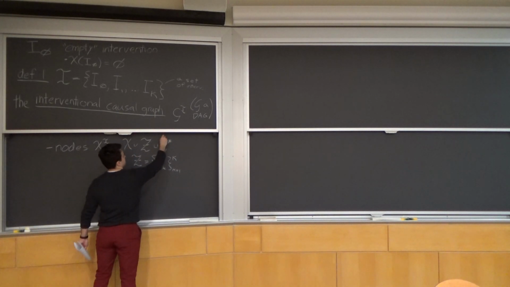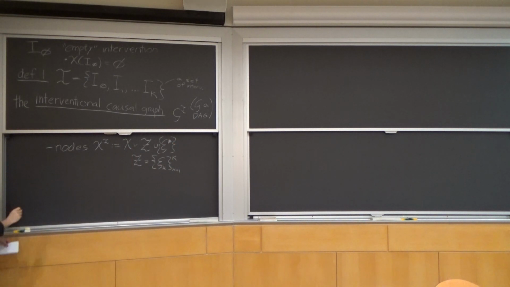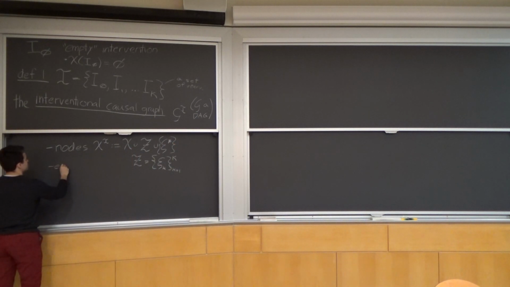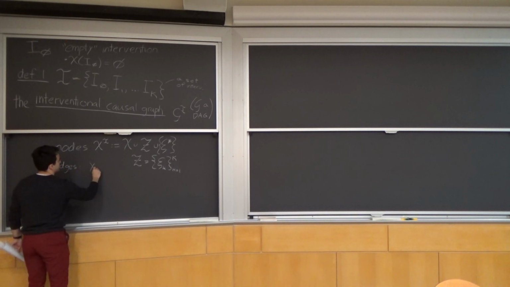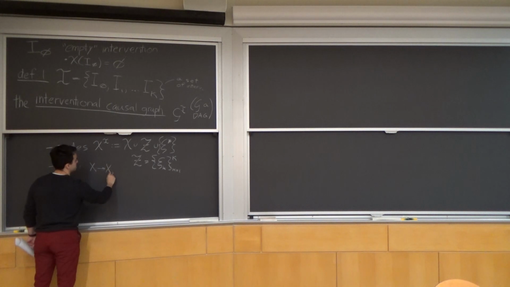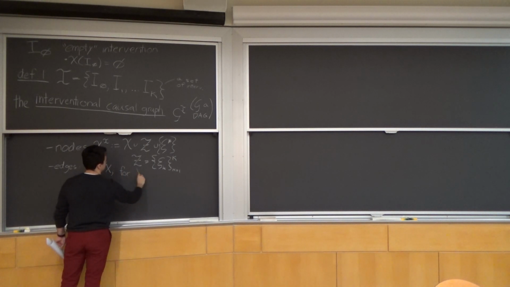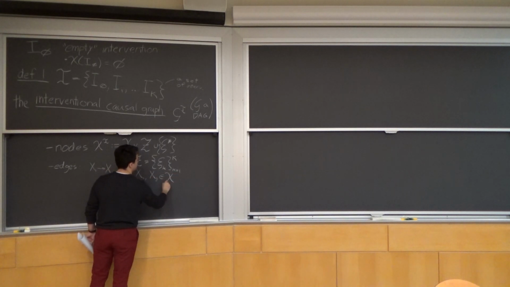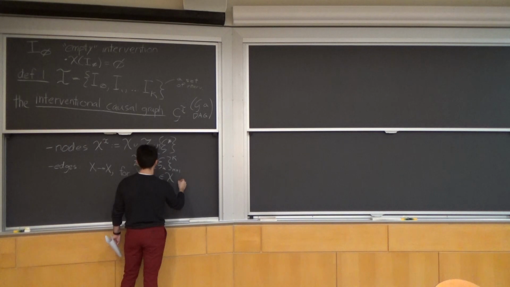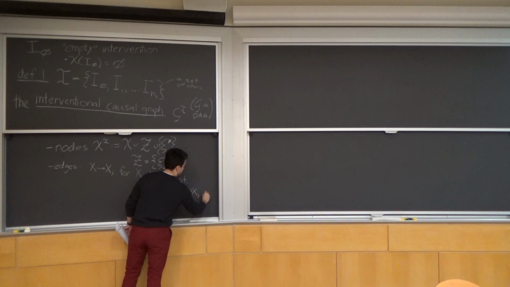And I guess this is not a set, so we have to put it there to make this proper. And then it's going to have as edges, of course, the edges that we had in the original graph. So this is for any pair of the original variables that were actually connected in the original graph.